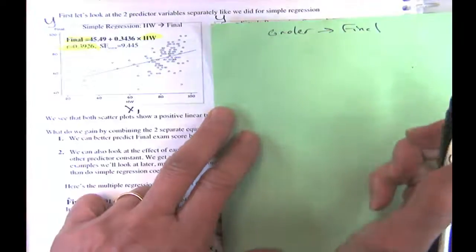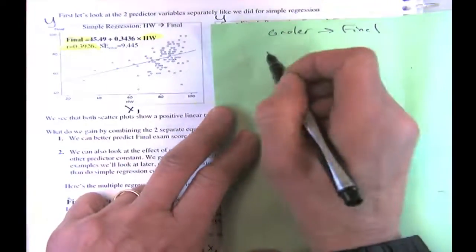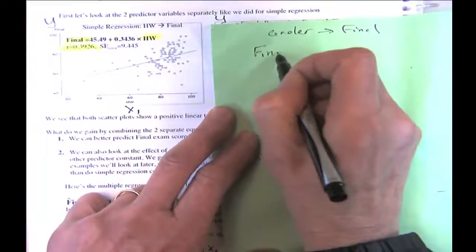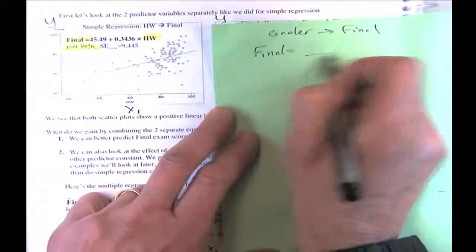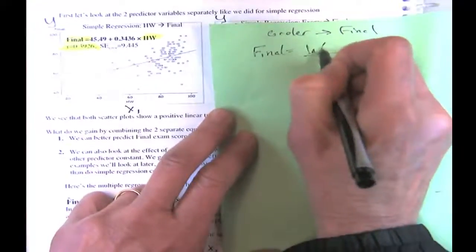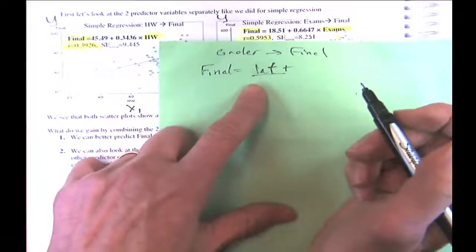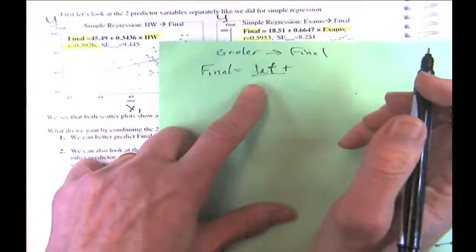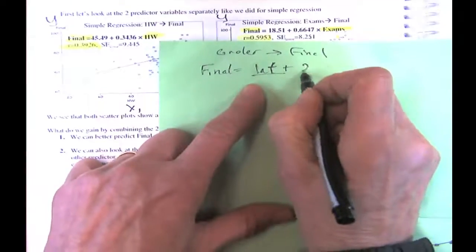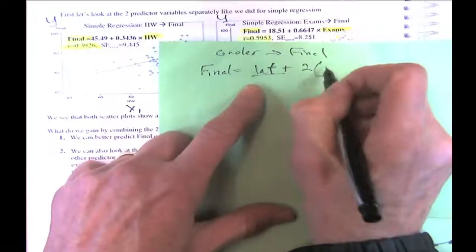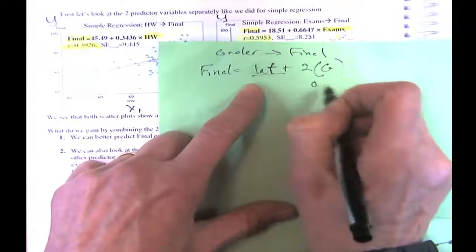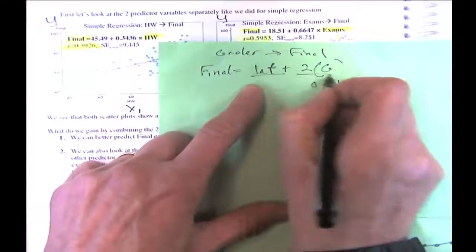The final would be equal to some intercept, which should just be the average without the 2 points, plus 2 more points depending on which grader you had, and that would be a 0 or a 1. So you'd have that slope for grader, and you have that.